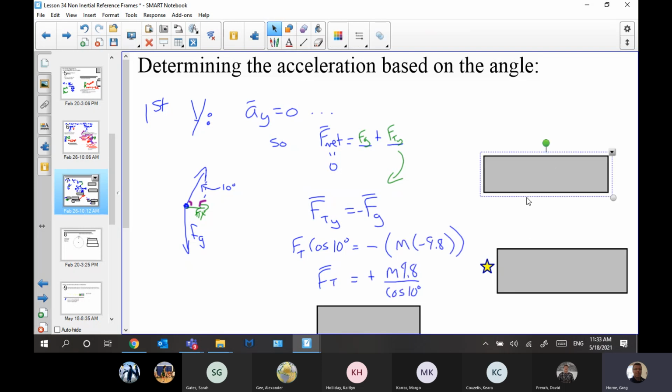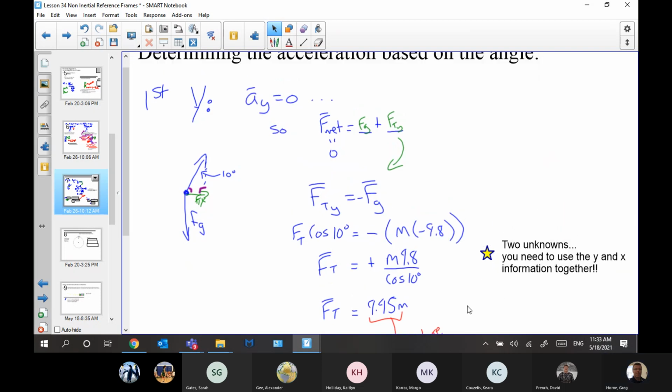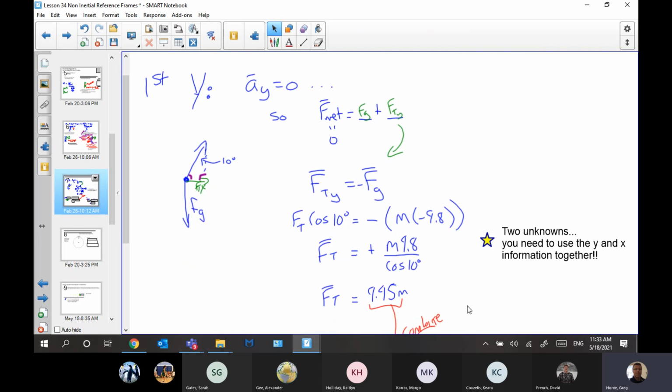Now notice that because we don't know the mass, this gives us a number in terms of m. You could call this equation 1, and say that equation has 2 unknowns. What do you do when solving this?